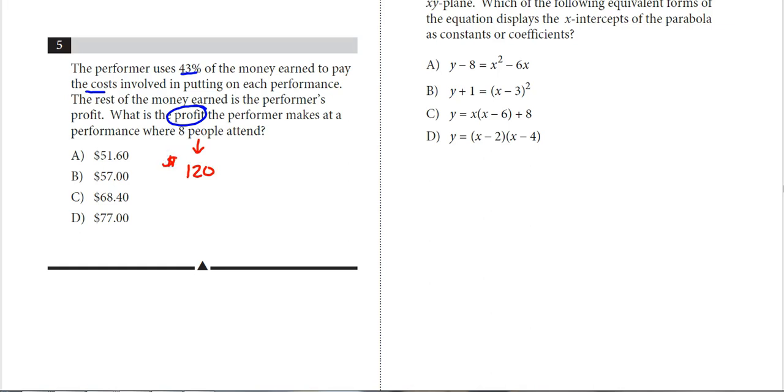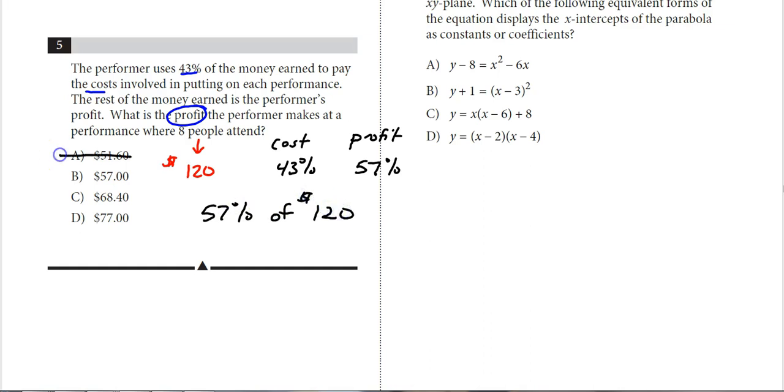My costs are 43%, which means since the total is 100, my profit has to be 57%. So I basically get to keep, or profit, 57% of the $120, which is more than half.